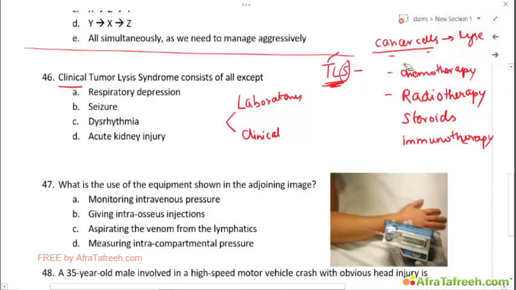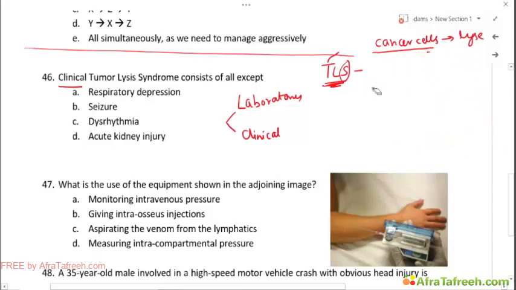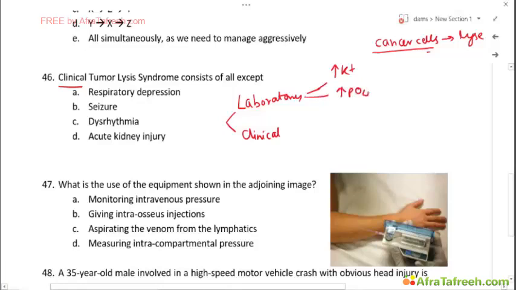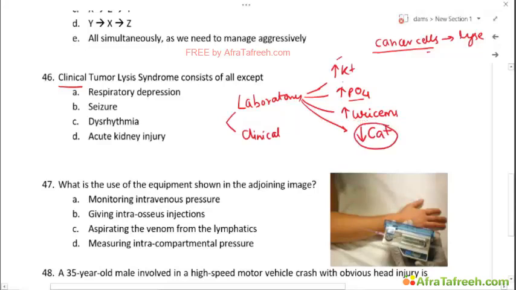Coming to the laboratory abnormalities, the common ones are hyperkalemia, hyperphosphatemia, hyperuricemia, and because of increased potassium and phosphates, we have hypocalcemia. Okay, so all the things are hyper except for calcium, which is hypocalcemia.